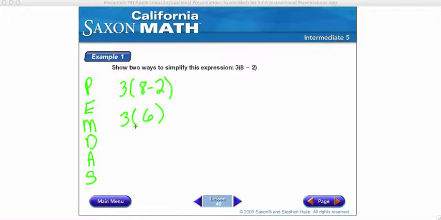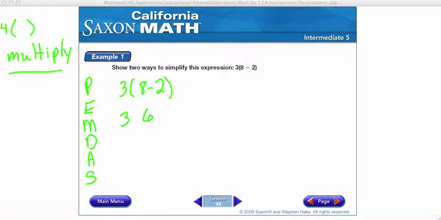These parentheses tell me to multiply. Whenever you see parentheses and a number in front of it, it means to multiply. It's very important that you leave the parentheses around the 6, because if you don't, it looks like 36.